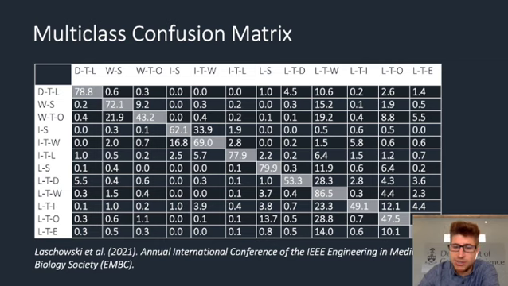So for example, this deep learning model was able to predict transitions from decline stairs to level ground terrain with approximately 79% accuracy. And so if you're interested to learn more about this particular neural network and its performance, then please check out our 2021 EMBC paper.